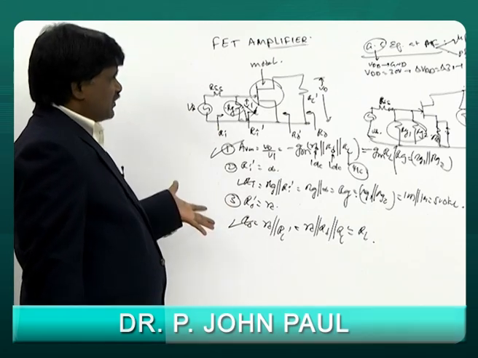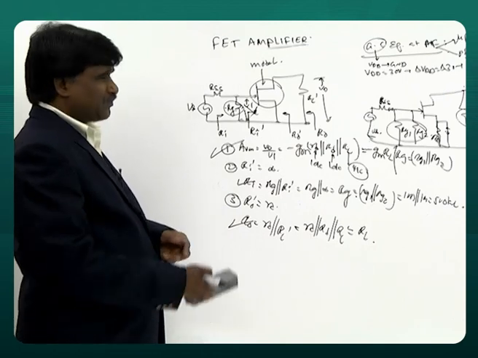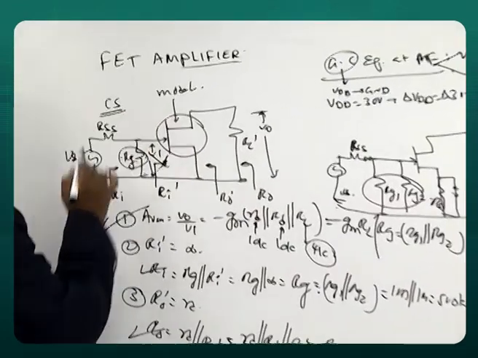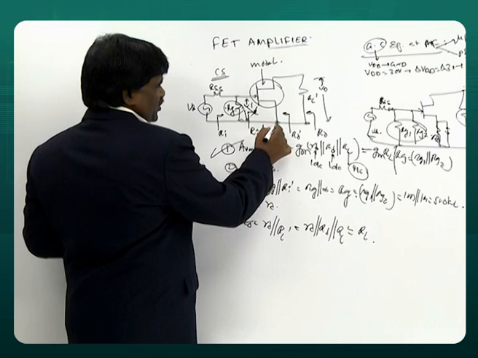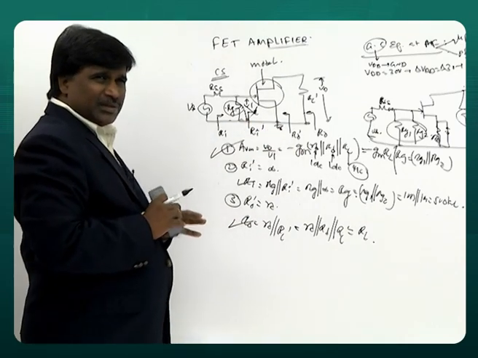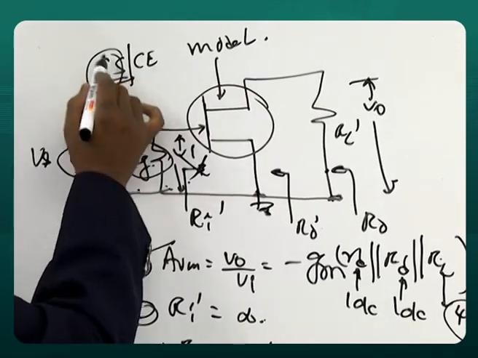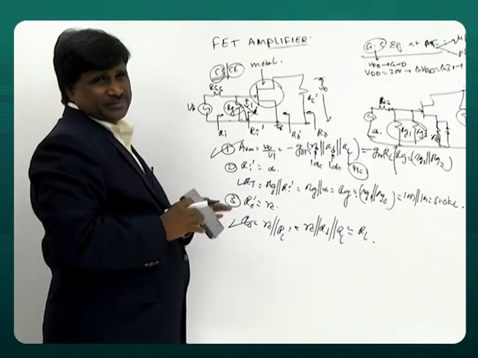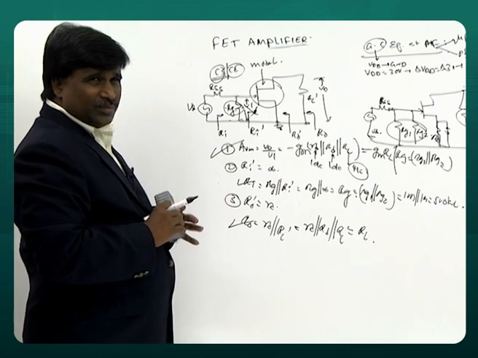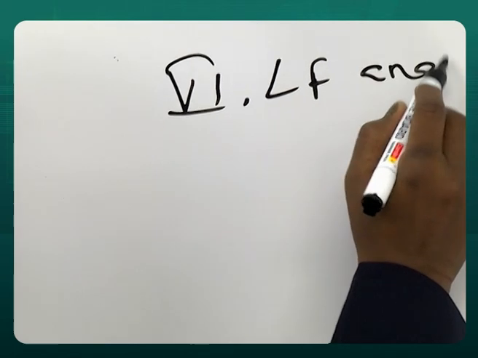After getting the mid-frequency, the next game is low frequency. And please understand, I am taking common source amplifier because this source is common for input and output. As you know, most of the time we like common source or common emitter, this for FET and this for BJT. So that's my fifth idea to talk. Mid-frequency analysis. Sixth one is low-frequency analysis.